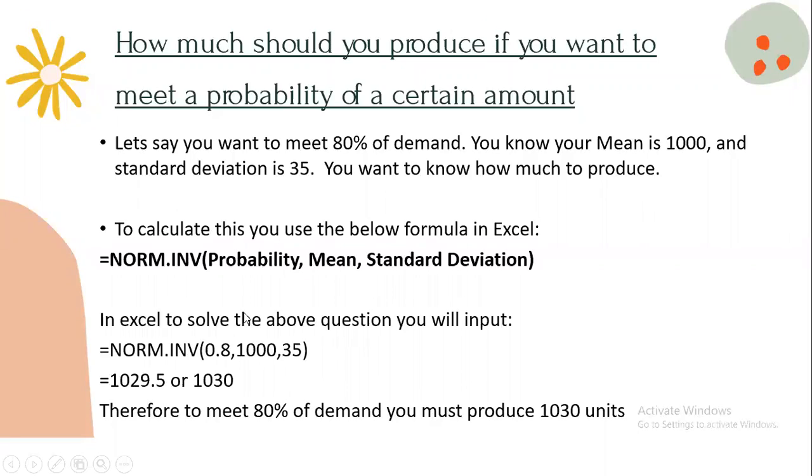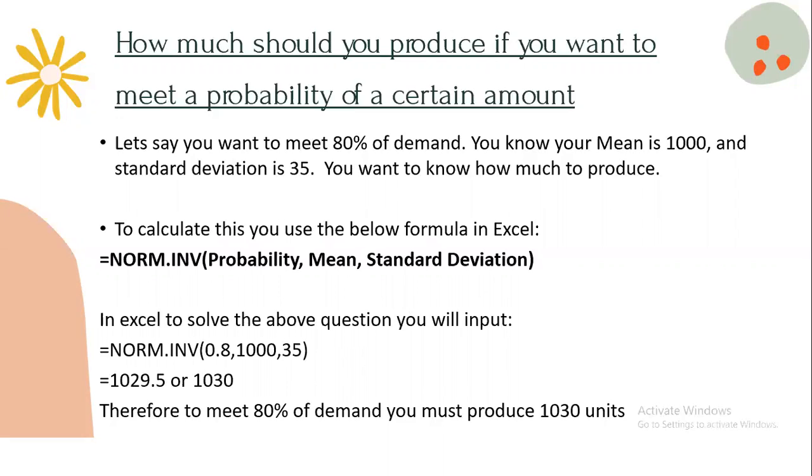Let's say you want to meet 80% of the demand. You know that your mean is 1,000 and that the standard deviation is 35. You want to know how much you need to produce.